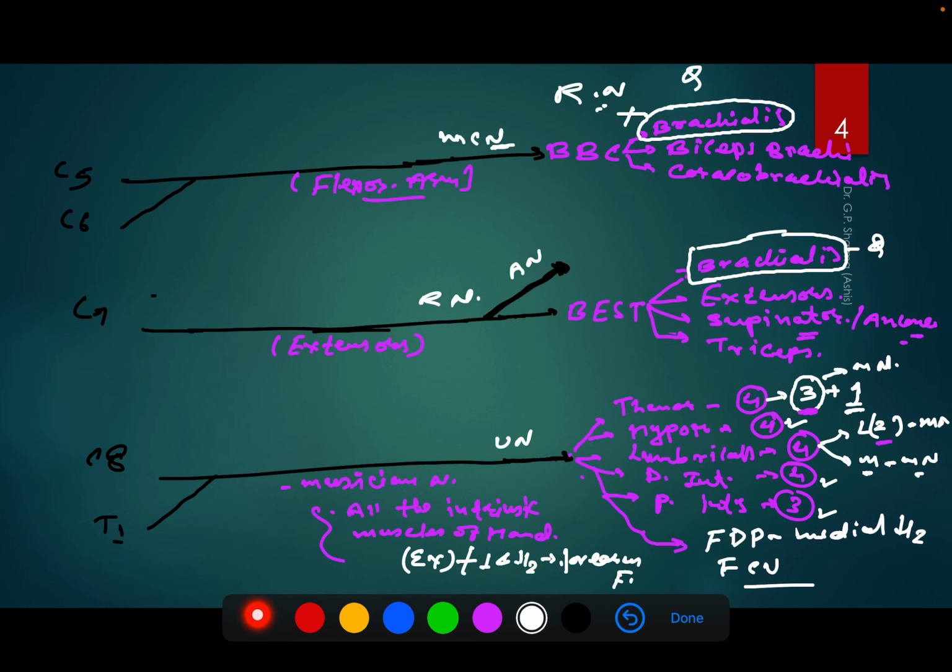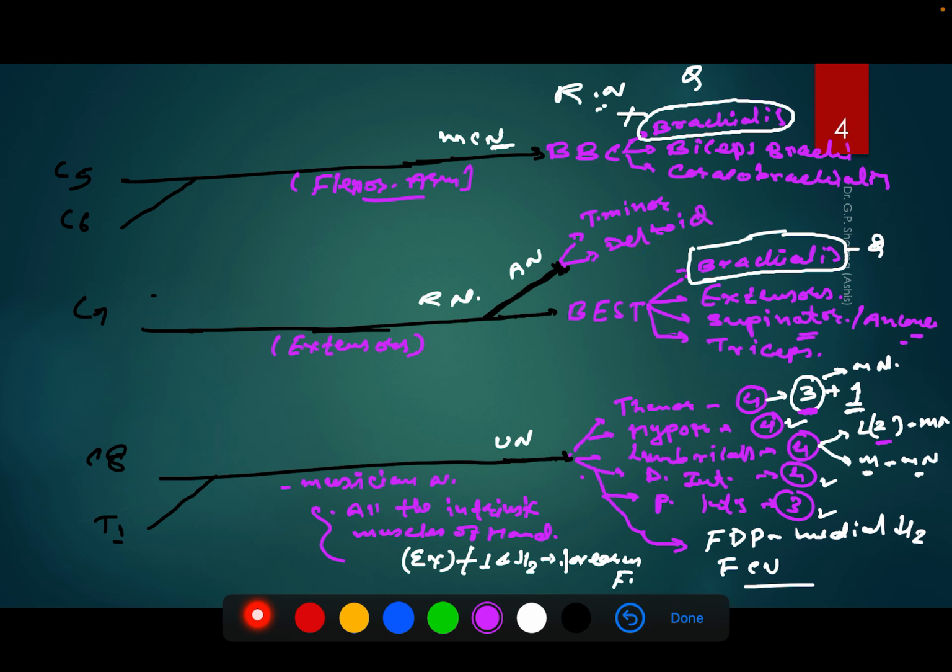Segmental innervation means an upper root supplies the upper muscles or the upper skin. So if it has the root value C5 and C6, it should supply the upper muscles. It supplies 2 muscles: my teres minor, plus it supplies the deltoid muscle.